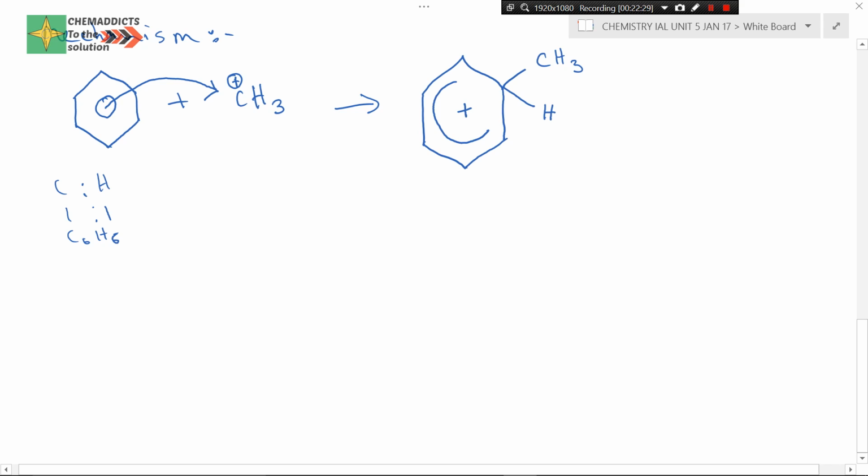Since this methyl group is attached to this carbon by pulling out electrons from the delocalization, in the delocalization there is a scarcity, a deficiency, or lack of electrons.